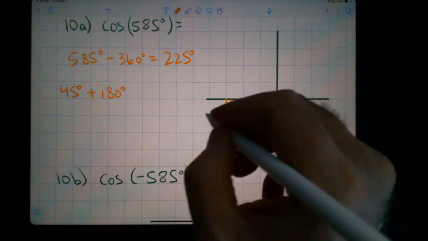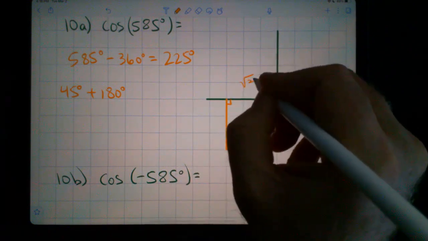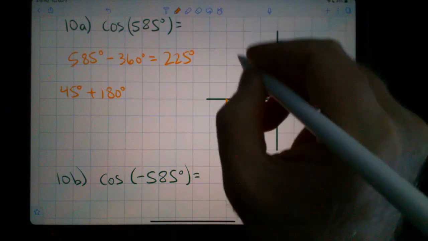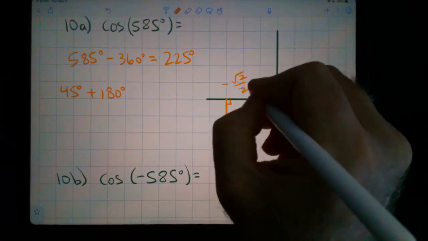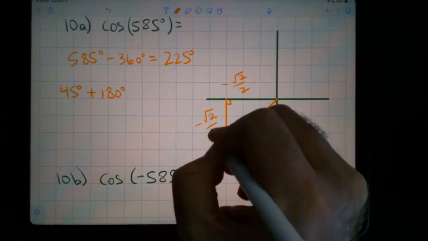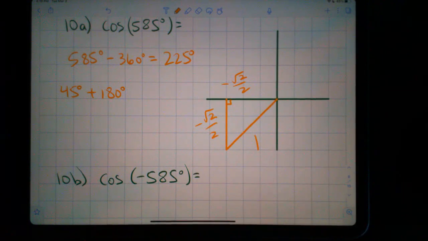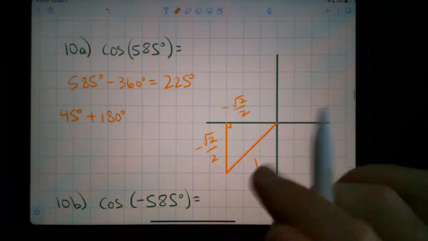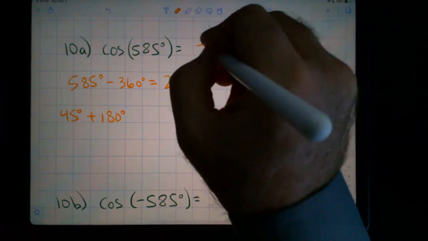And so this is going to be root 2 over 2, negative. This will be negative root 2 over 2, and this will be a positive 1. So cosine of this will be negative root 2 over 2.